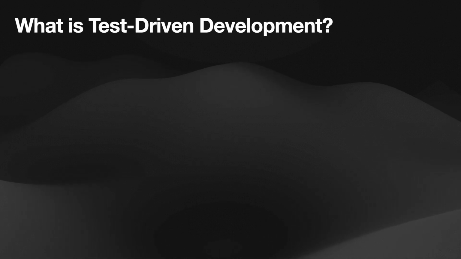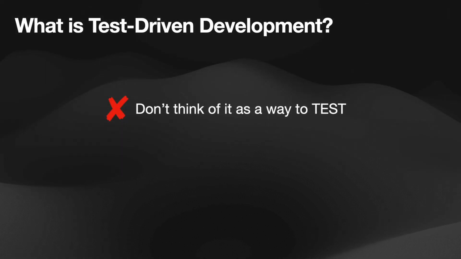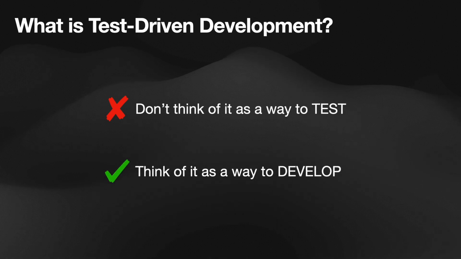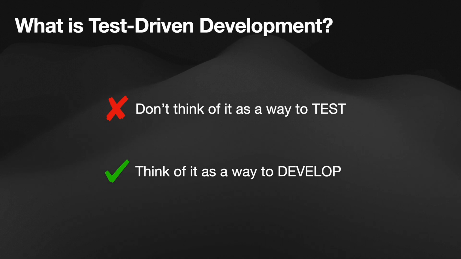But guess what? Don't think of test-driven development as a way to test our production code. Think of it as a way to develop our production code. Test-driven development is a modern way to develop code. The code we develop is driven by tests. In fact, I'd rather say the code we develop is driven by our definition of correct behavior we write in the form of unit tests.